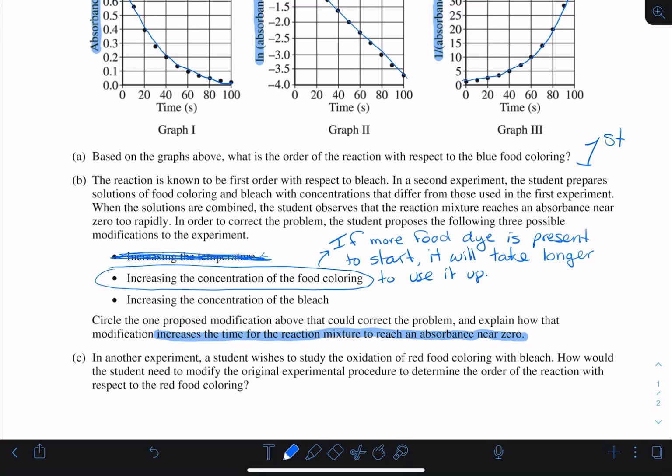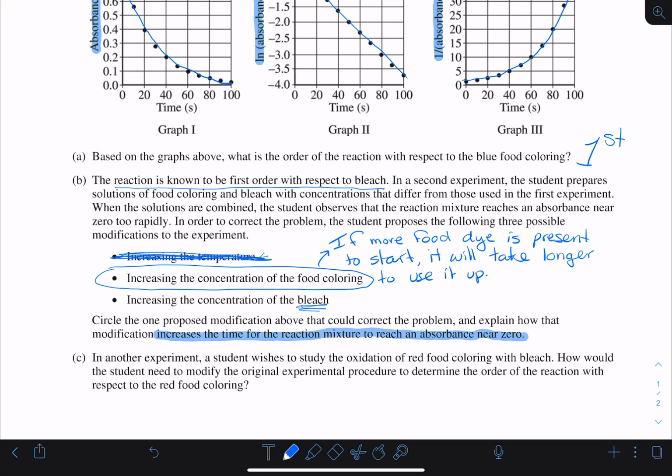Just for completion, let's talk about the last option, increasing the concentration of bleach, and why that would not be effective in accomplishing what we want. So if we're increasing the concentration of bleach, but not food dye, and that's the only thing we're changing, we're told up here that the reaction is known to be first order with respect to bleach.